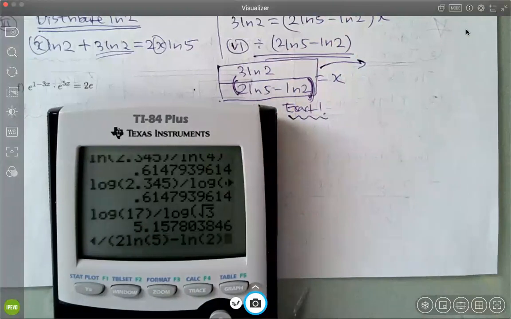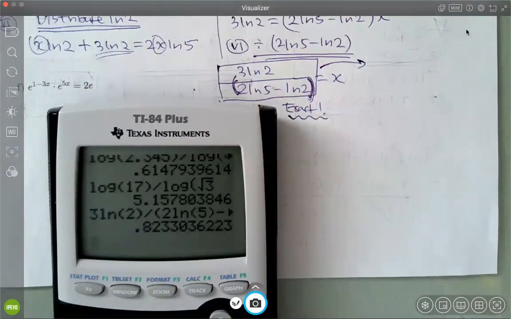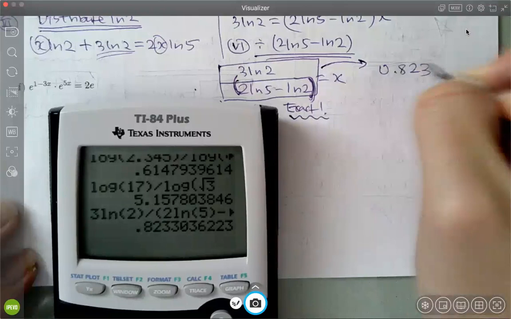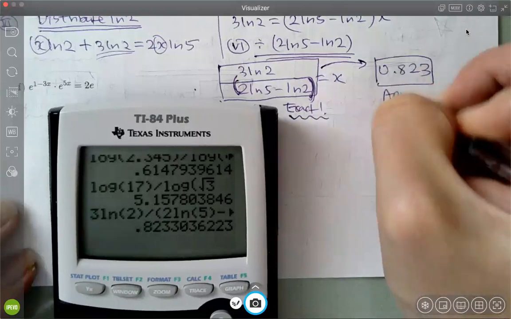And then you have to close your parentheses once again. Okay, so you get 0.823 after rounding. So that's the approximation.